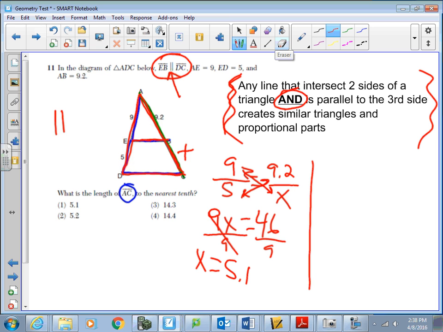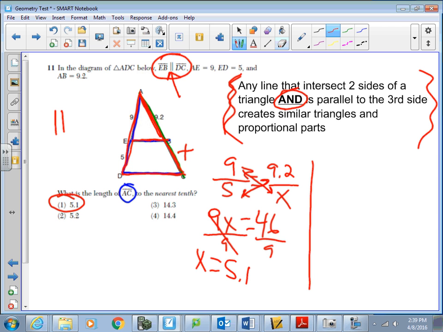Now, what they do, and what I know a lot of students do, is circle that. Well, remember, they were looking for AC, not BC. 5.1 is BC. Okay, so what you have to do is you have to add AB to BC.